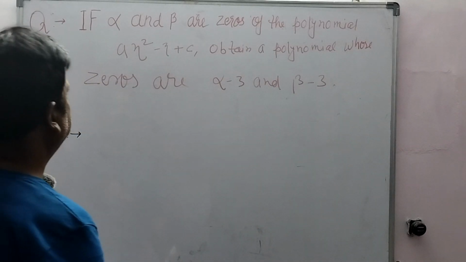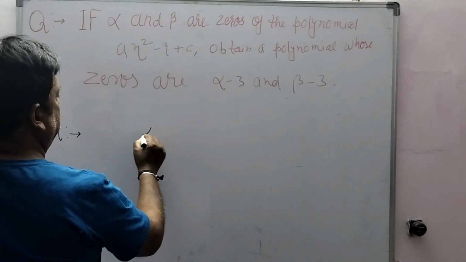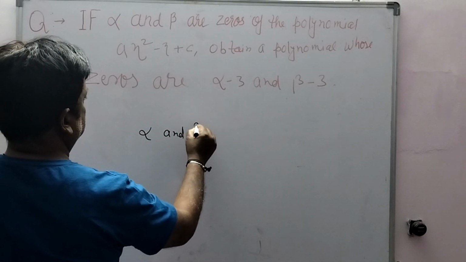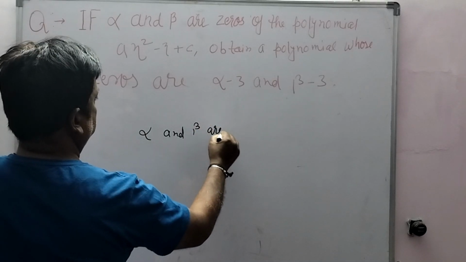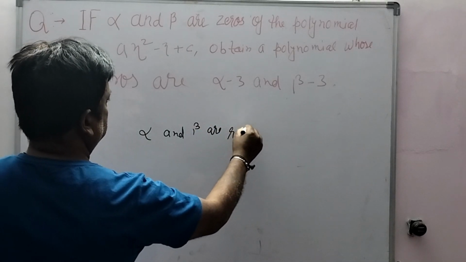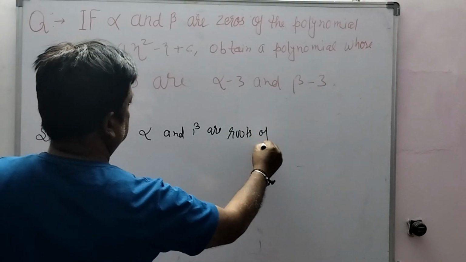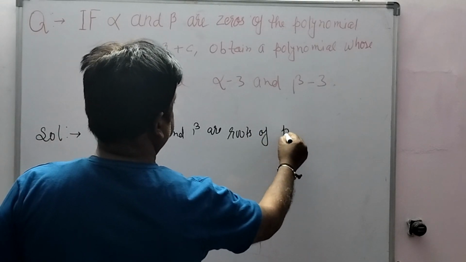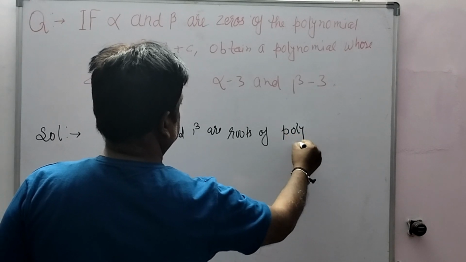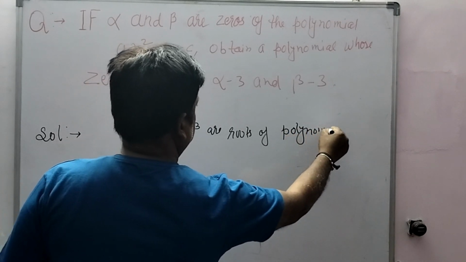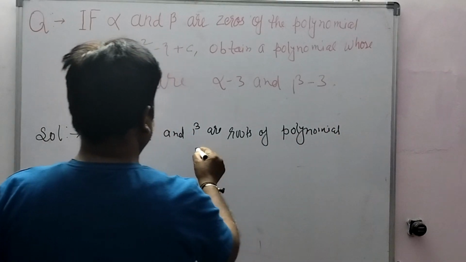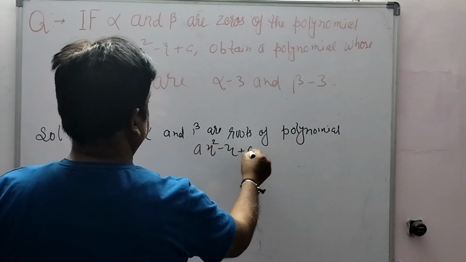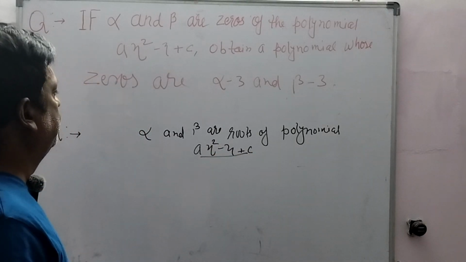So what is given? Alpha and beta are roots of the polynomial ax square minus x plus c, zeros of this polynomial.